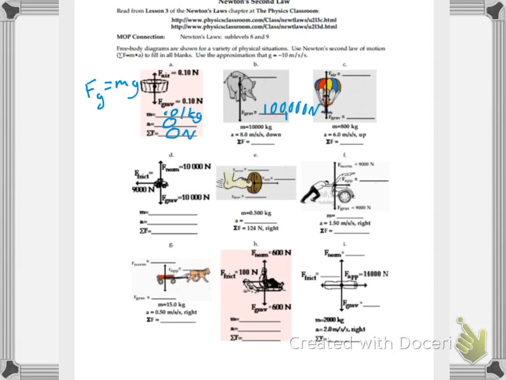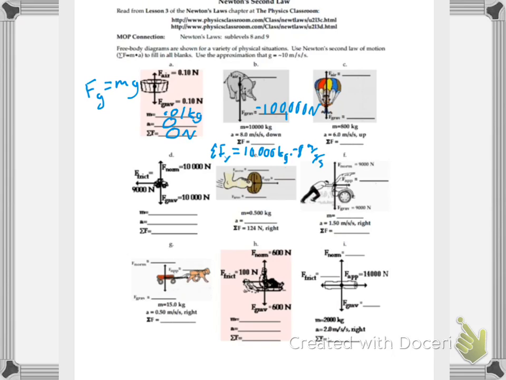So in order to find this net force, we need the sum of the forces in y. The sum of the forces in y equals our mass of 10,000 kilograms, and we'll multiply that by 8 meters per second down. And because it's down, we can call that negative, along with that force due to gravity.